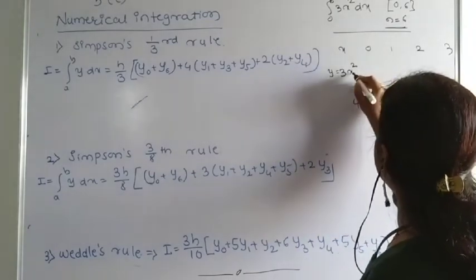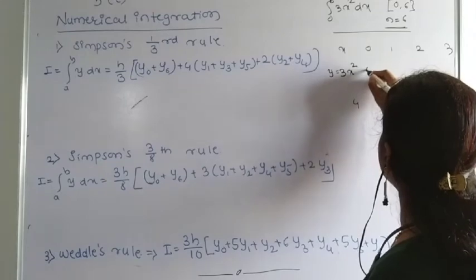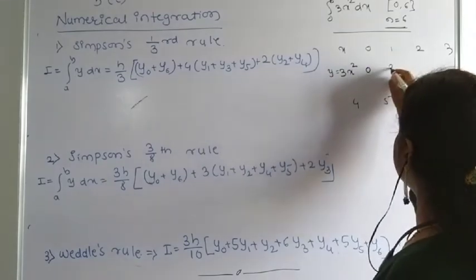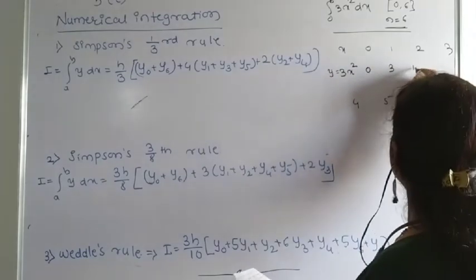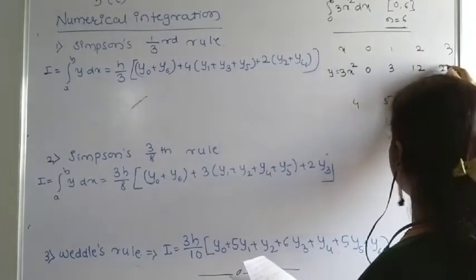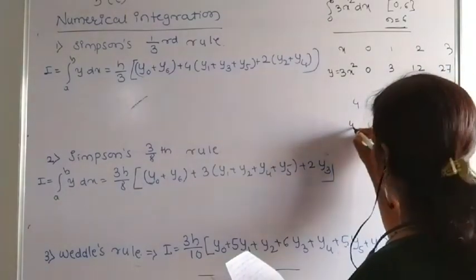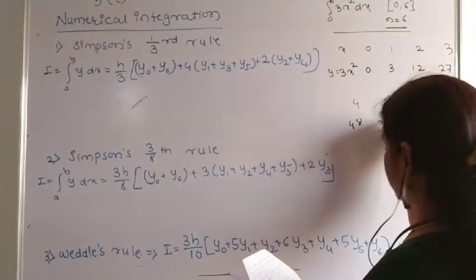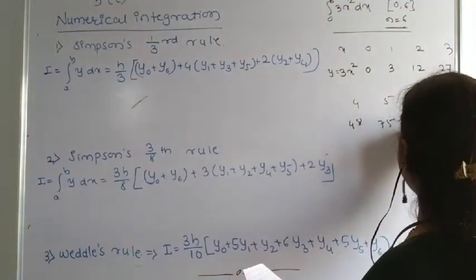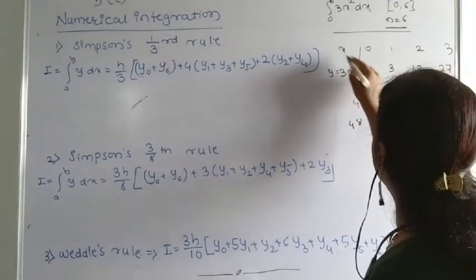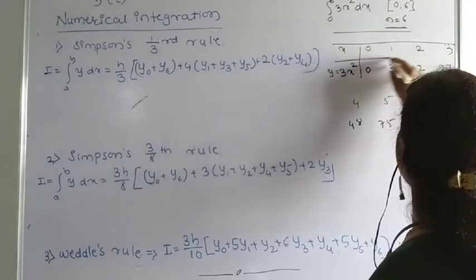Substituting x equal to 0, y becomes 0; then 3, 12, 27, 48, 75, 108. All the x values you have to substitute in this y equation.